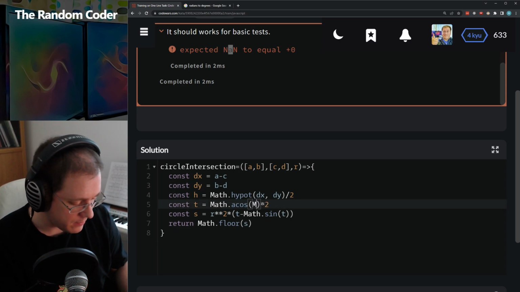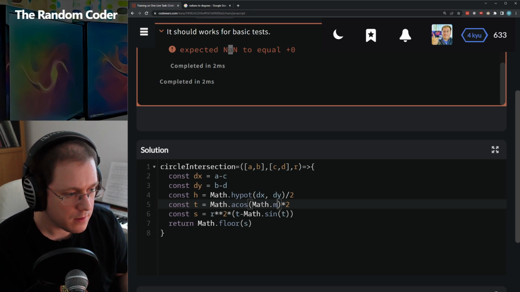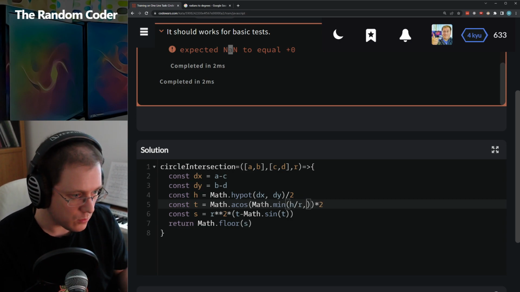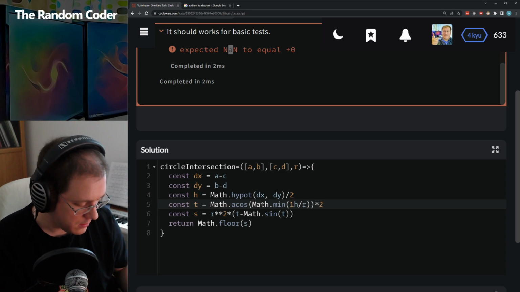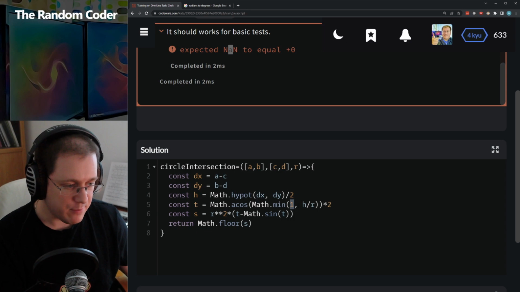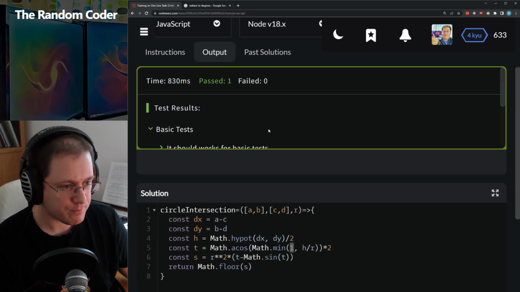So what we can do here is do math dot min, take the minimum value of either this or 1. If this exceeds 1, then we're just going to cap the value at 1. So we'll test that.